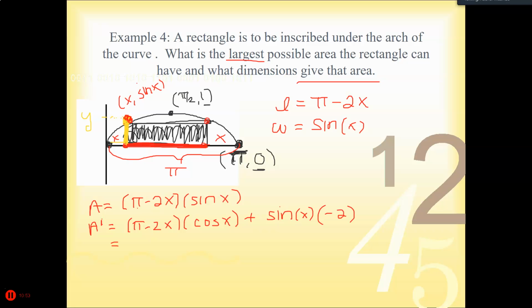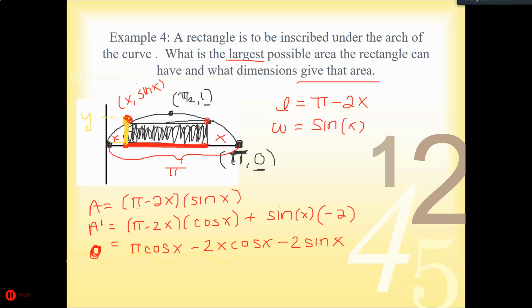So we get pi cosine x minus 2x cosine x minus 2 sine x. And I need to know when that is equal to 0. So once again, you'd go to that graphing calculator and put that in and find the 0 of that function.